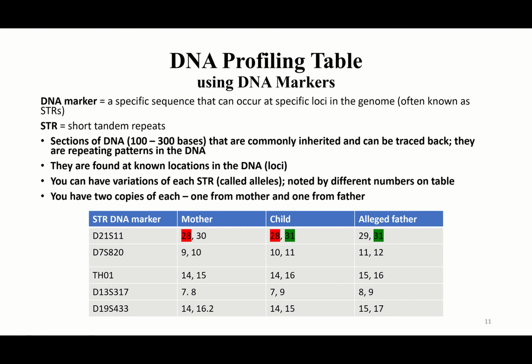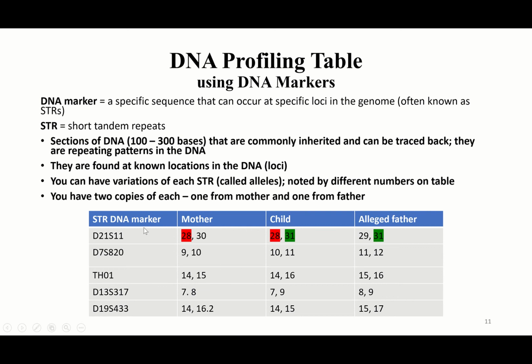So there are known locations in our DNA where scientists know that a specific pattern, a specific tandem repeating unit, must occur. And you can have variations of each STR noted by different numbers on the table, and you have two copies of each.